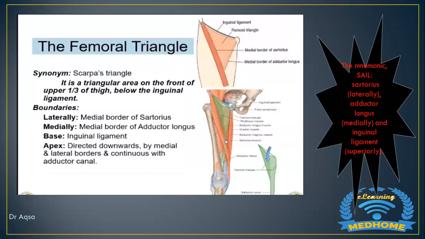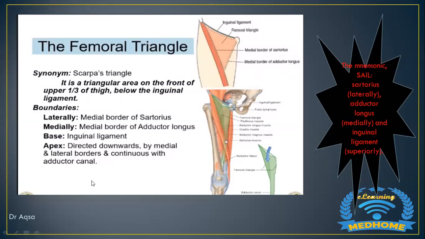So another name for the femoral triangle is the Scarpa triangle. As the name says, it's a femoral triangle, so it has a medial border, a lateral border, a base, and an apex. It is a triangular area on the front of the upper 1/3 of the thigh.